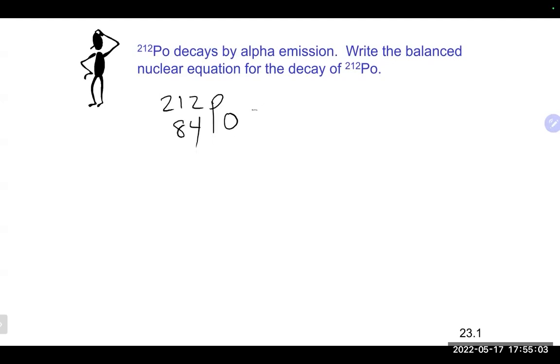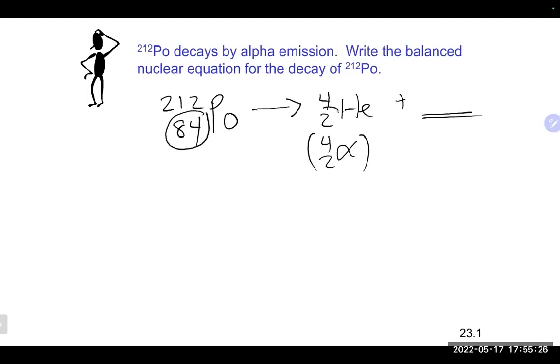So again, that alpha emission means that on the right-hand side, our product side, I should have my alpha particle, which you could write this way or this way, whichever one you prefer is all good. And that means we are going to be missing one more thing here to complete the equation. Once again, I personally will start with the atomic number because that's going to help me go to the periodic table and find what I need.